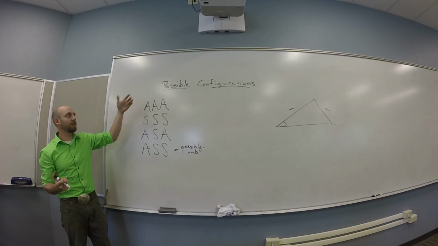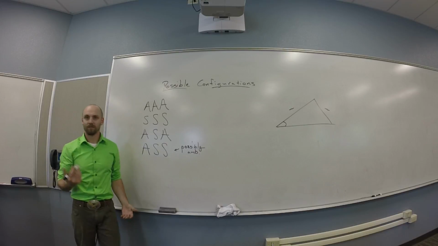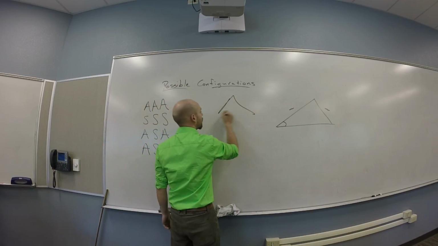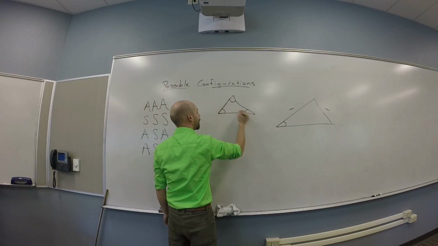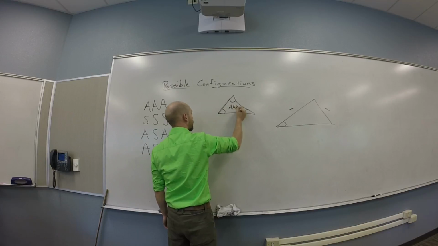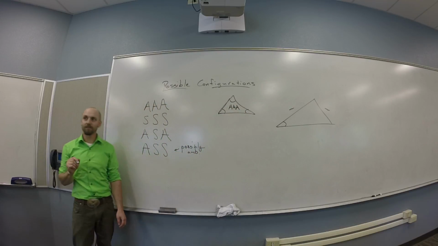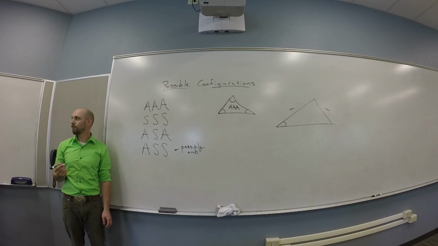So what if we started with all 3 angles? So that looks like this. I know these 3 things. There's my triangle. I know all the angles. I know none of the sides. Is it possible for me to figure out how big the sides are? No. Sadly, no. You guys see that?